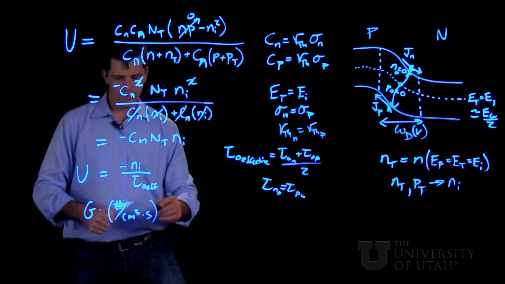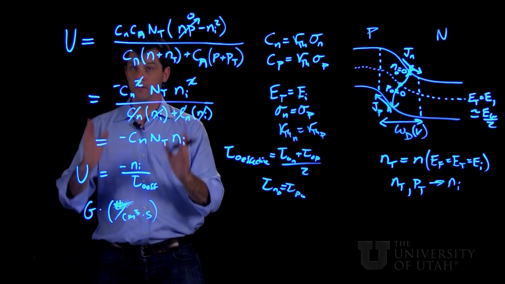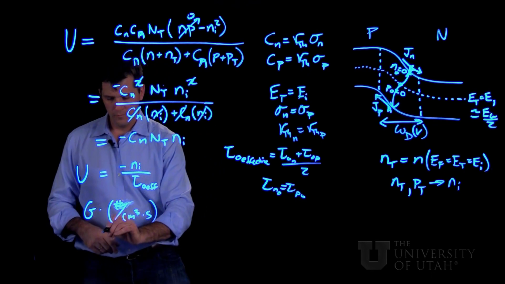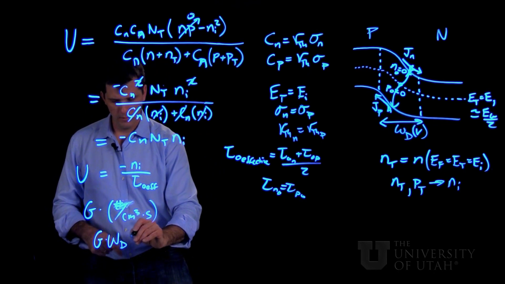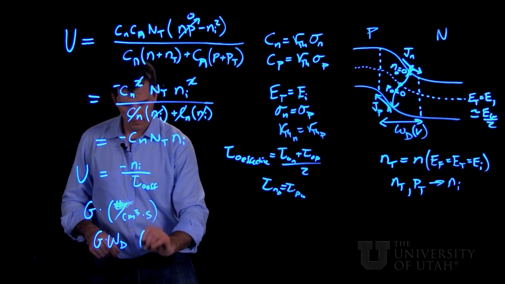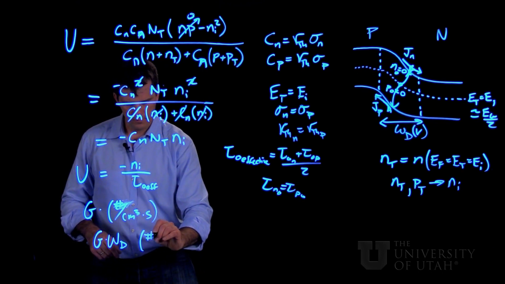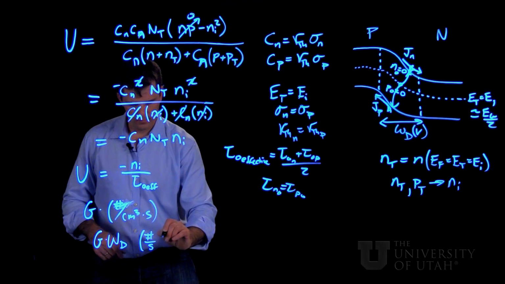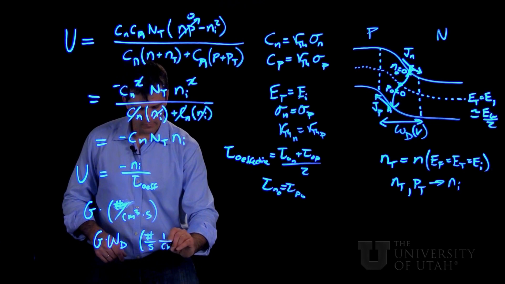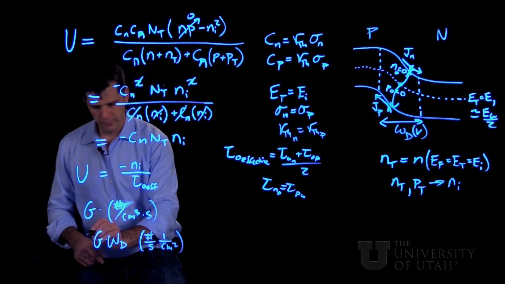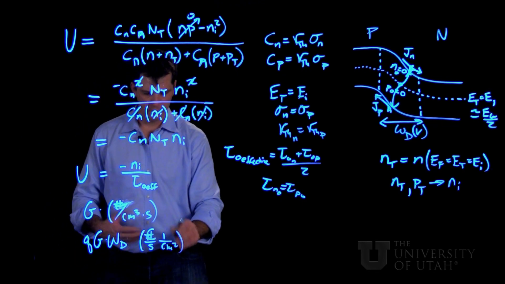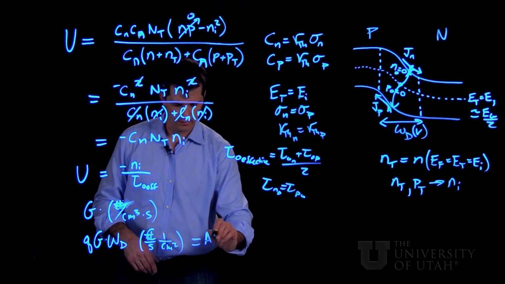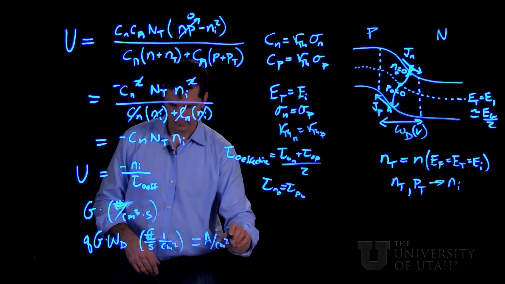If we multiply this by a length, so G times WD is going to give us a number per second per centimeter squared. And then if we hit it with the electron charge, now we've got coulombs per second per centimeter squared, which is equal to amps per centimeter squared, which is our units of J.